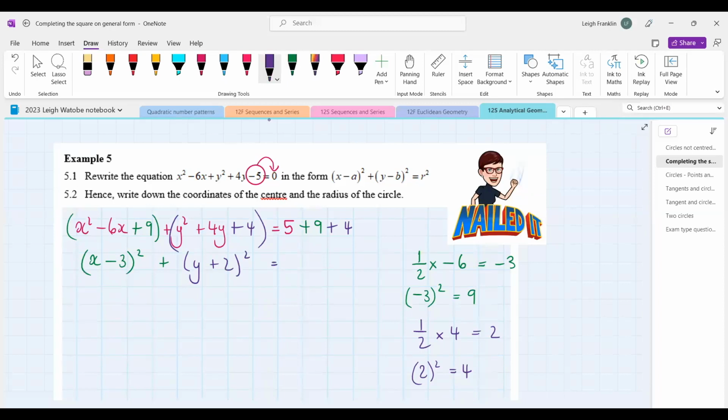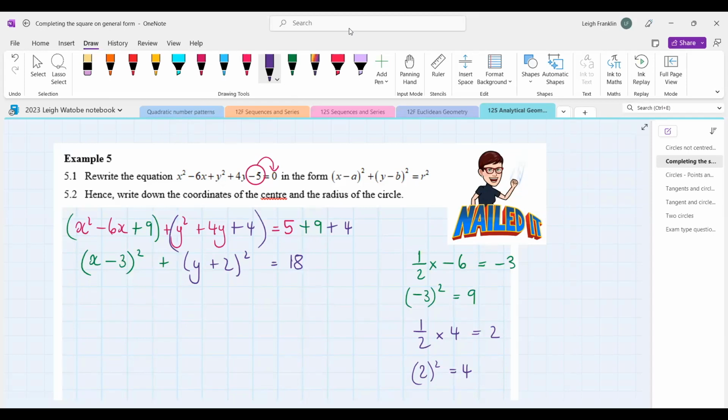On the right-hand side, I have 5 plus 9 plus 4, which leaves me with 18. So now I have gone from general form to center radius form, and I'm ready to answer the next set of questions.